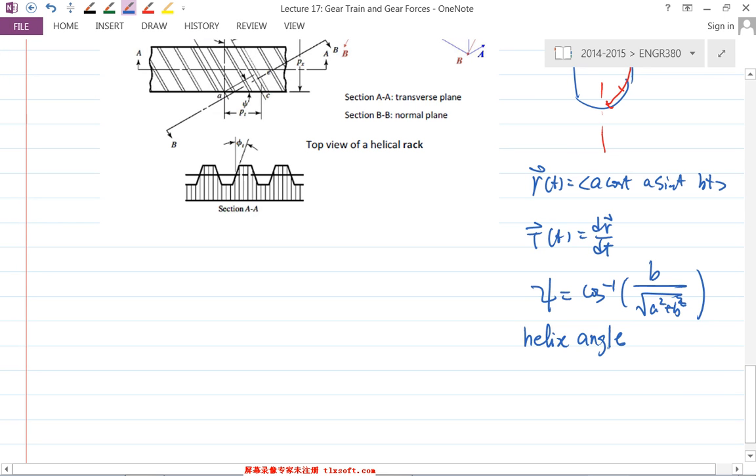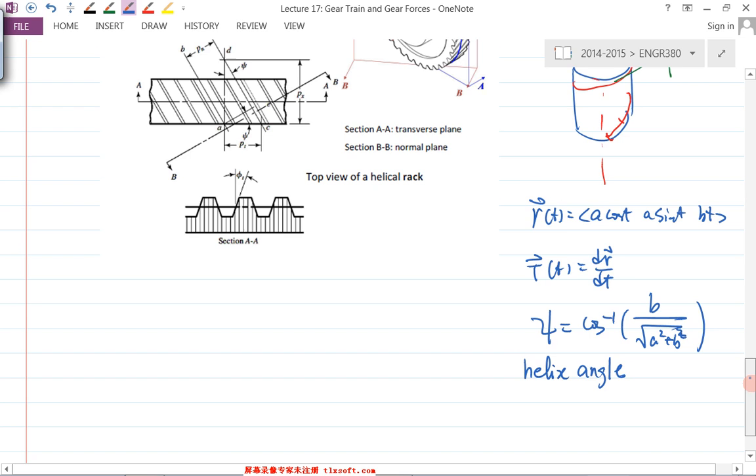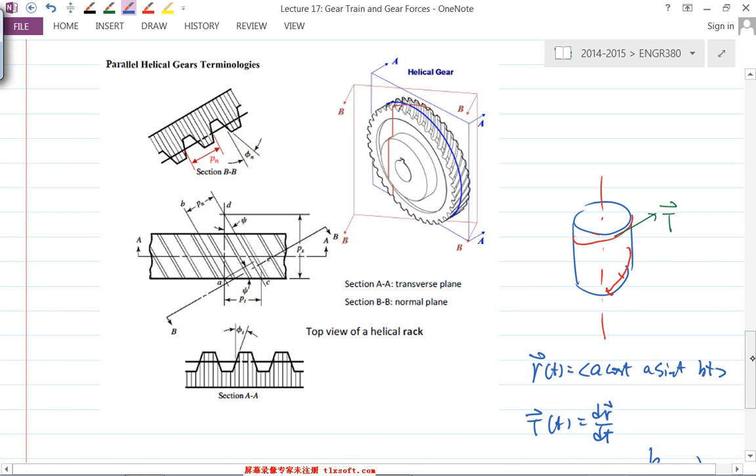Now, when it comes to helical gear, if you imagine this, if you look into this AA plane, right at the front plane of the gear, you see a whole bunch of gear teeth.